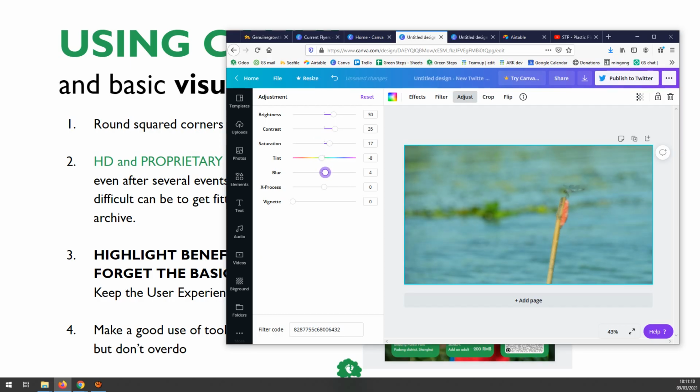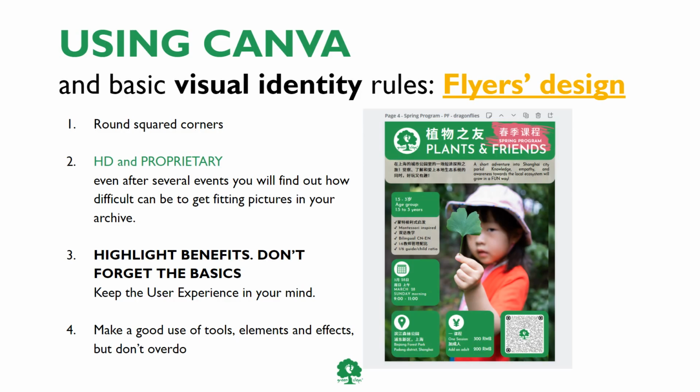You can want blur, because if it's blurry it's easier to add some text on it. There's a lot of little things that you can do if you play around, but probably you don't need so much. It's important though that you know what your possibilities are. This is what I was talking about. This is something that I put here on a slide, so you can eventually take from here and use it.